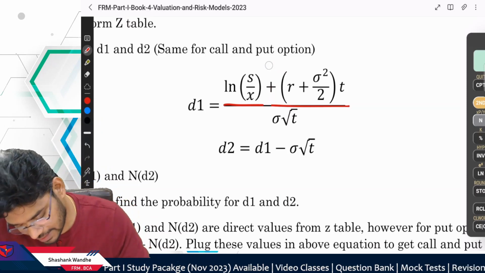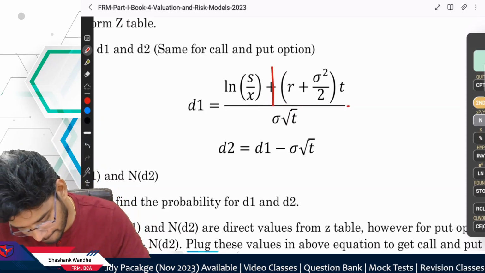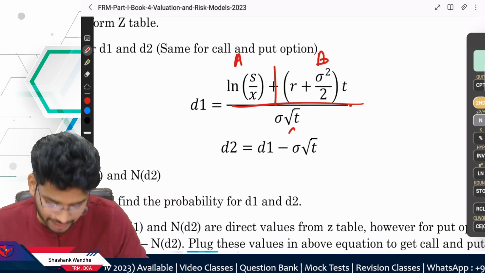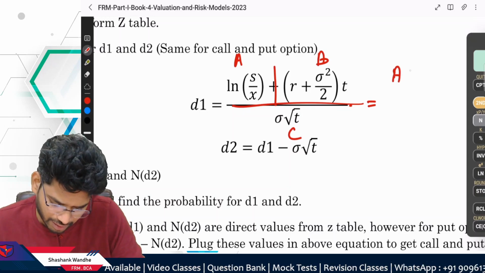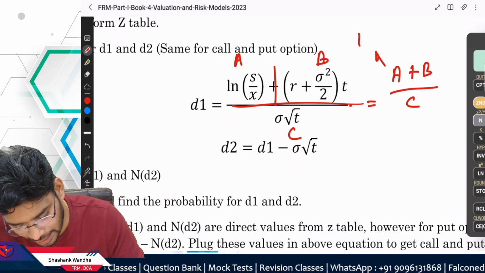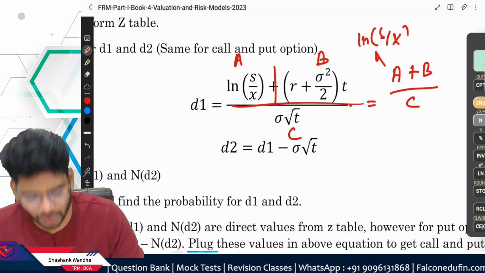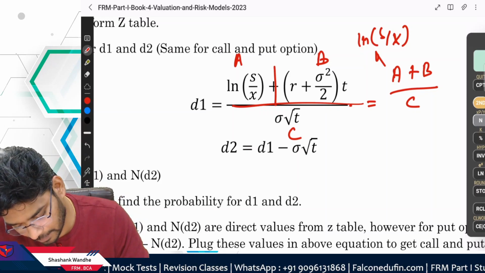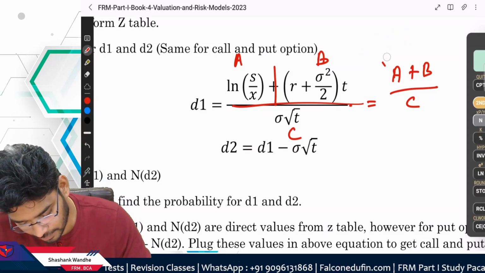Then this is plus. So this is part A, B and C. If I say the formula is A plus B divided by C, you will be able to remember. So what is A? ln of S upon X. Now you remember this, simple. So the first part is clear. Next part.